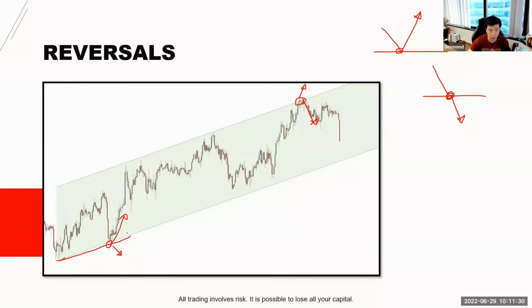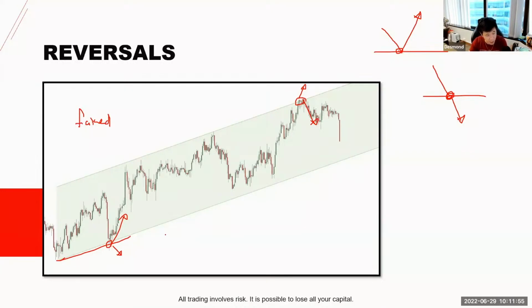One way to avoid getting what I call faked out is by using candlestick patterns. They're really effective because they tell you what is happening there and then.